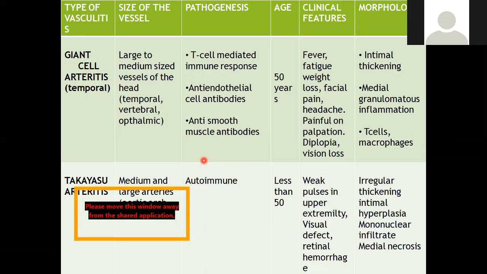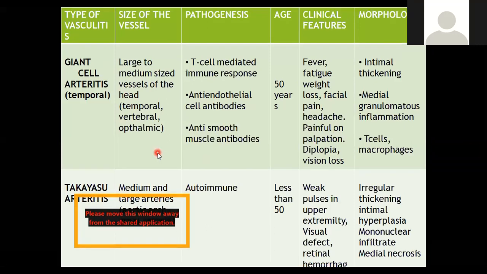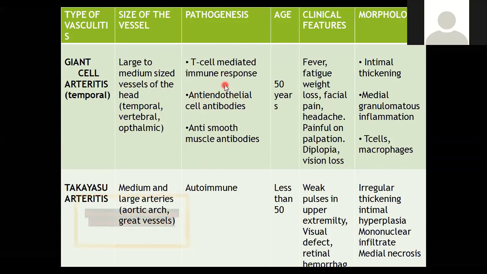It is a large vessel vasculitis. It affects the temporal artery, and can also affect the ophthalmic artery, right? Pathogenesis is multifactorial. Anti-endothelial antibodies are involved, and T-cell immune response is also involved, right?